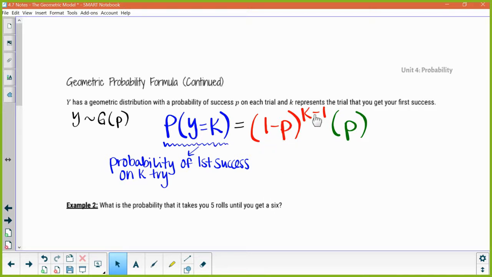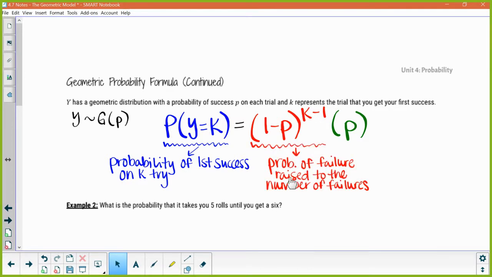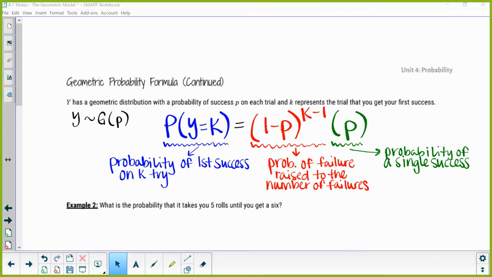It's (1 minus P) to the power of K minus 1. So that's representing our probability of failure raised to the number of failures. So if I had 2 trials, so K is 2, then that means I had to have 2 minus 1, at least 1 failure first. And then, of course, the probability of that single success for whatever random variable you're interested in.